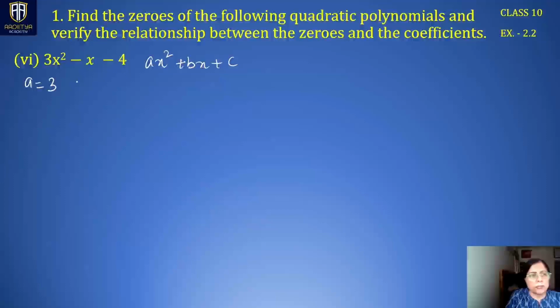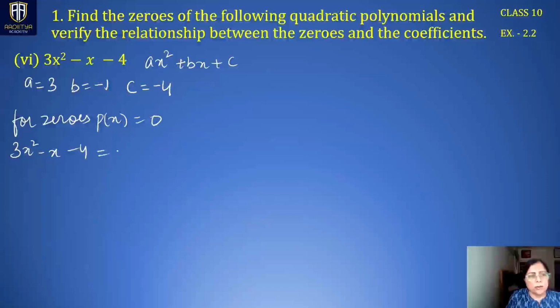Coefficient of x is b, so b becomes minus 1 here, since x is accompanied with minus 1, and the constant term is negative 4. Now for zeros, p of x is equal to 0. Now I equate 3x square minus x minus 4 is equal to 0.